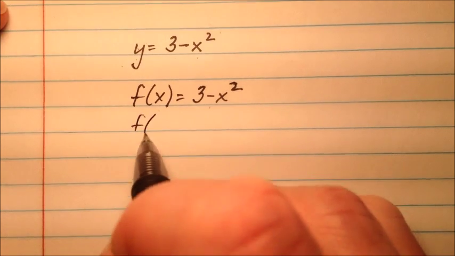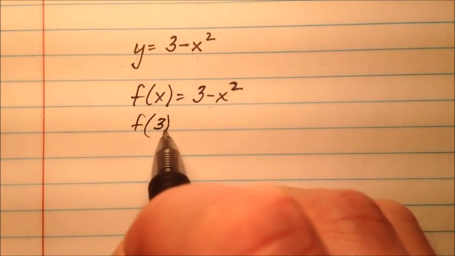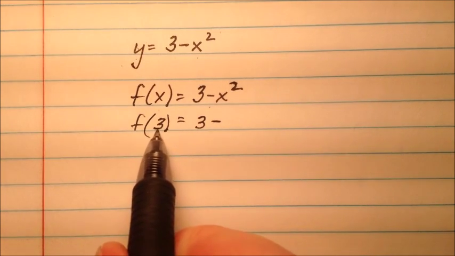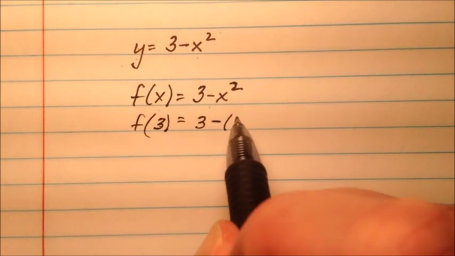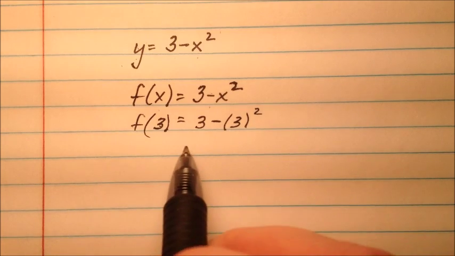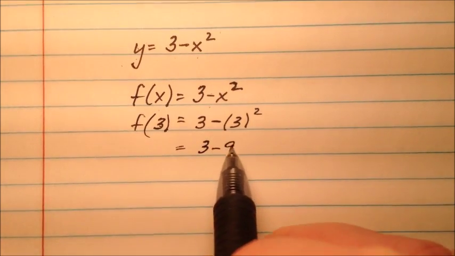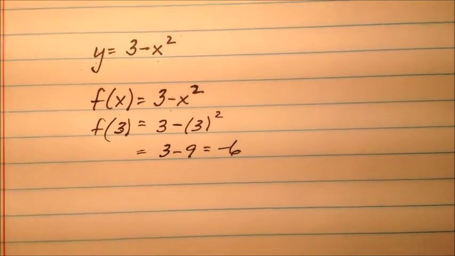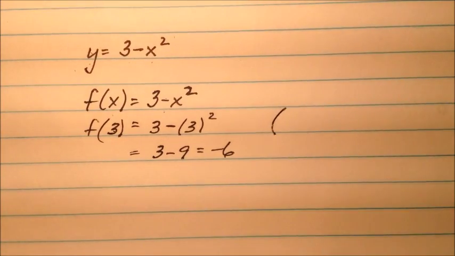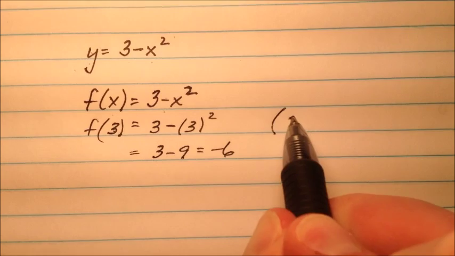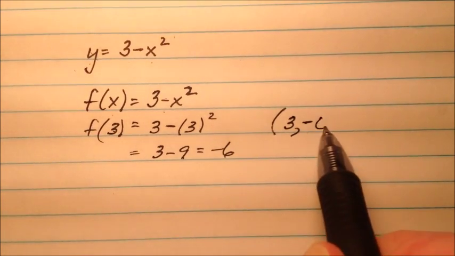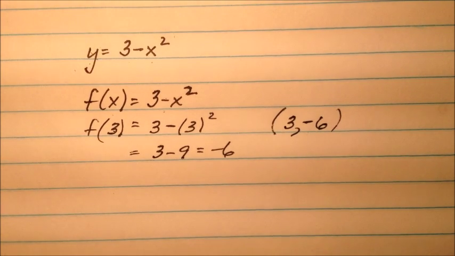So let's say we're going to find f of 3. That means we're going to put 3 minus and then substitute 3 in for the x. So 3, and that gets squared. So it's going to be 3 minus 9, which equals negative 6. So as an ordered pair, my x value, or my independent variable, was 3, and my y value, or dependent variable, was negative 6.